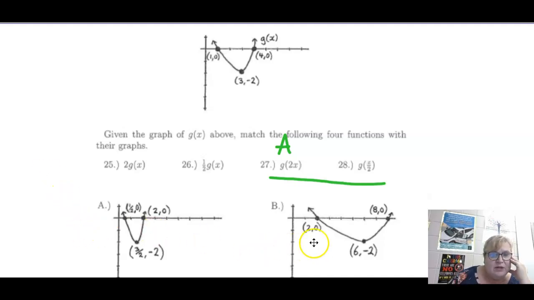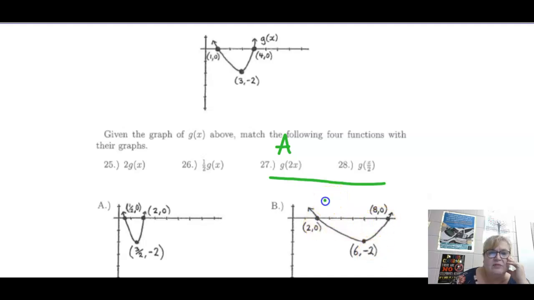All right, this one down here, from the parent to here, let's see, it was going from 1 to 4, so 3 units across. 1, 2, 3, 4, 5, 6 units across. So I'm thinking this stretched horizontally because the y's didn't change, only the x's changed.